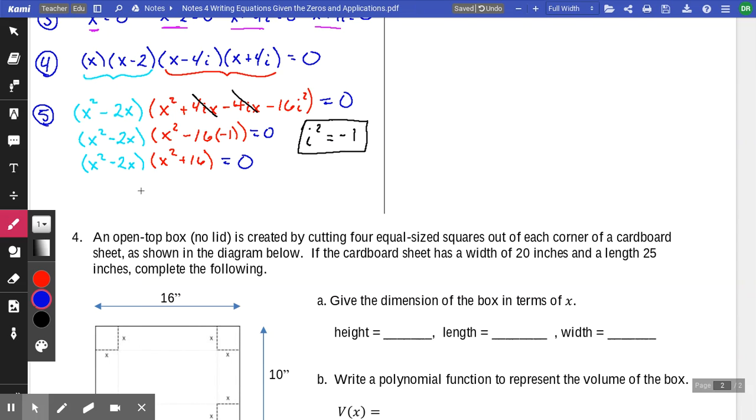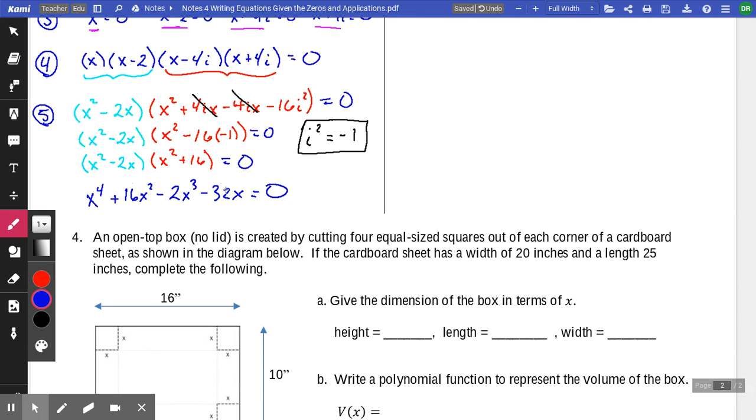We'll take x squared times x squared, that is x to the fourth. x squared times 16 is plus 16x squared. Negative 2x times x squared is negative 2x to the third. And negative 2x times 16 is negative 32x. Which is great.